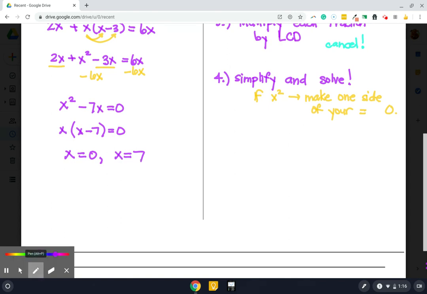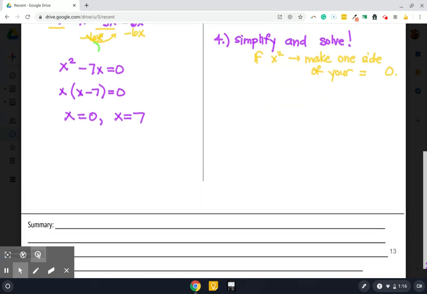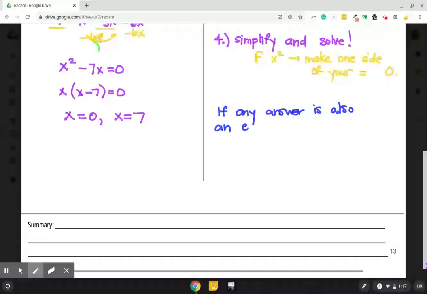Now there's a weird wrinkle at the end, and that weird wrinkle says that if any answer that you get is an excluded value, then we have to throw that answer out.